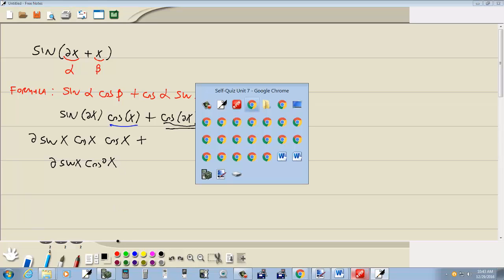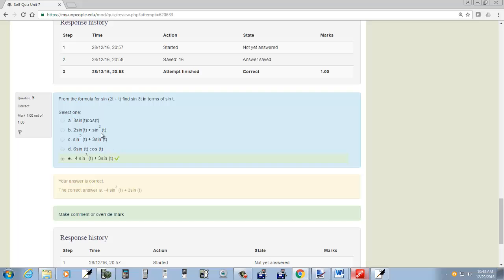Okay. Cosine squared. I don't have a cosine squared. So it appears I'm going to want to rewrite cosine squared in terms of sine. Which means that probably it's going to be one of these ones with sine squared or above.